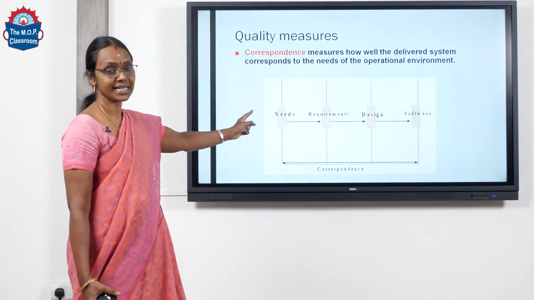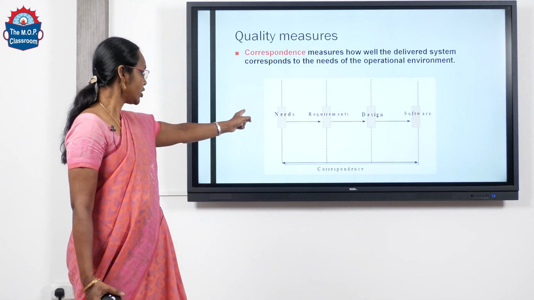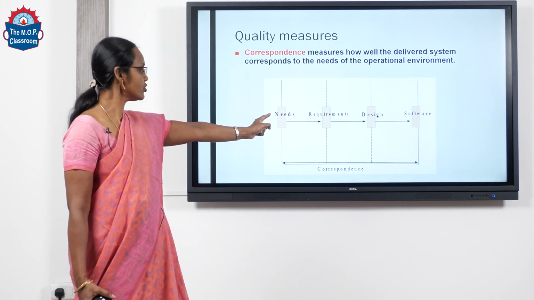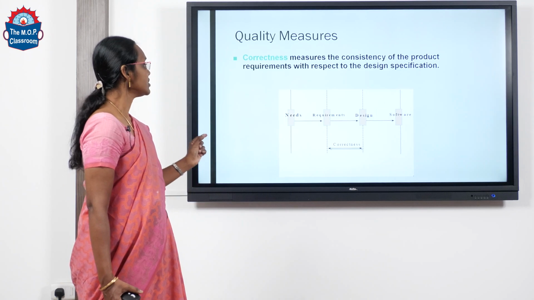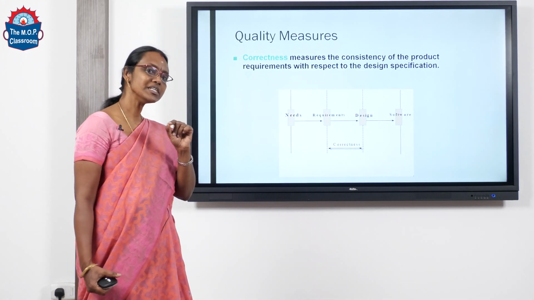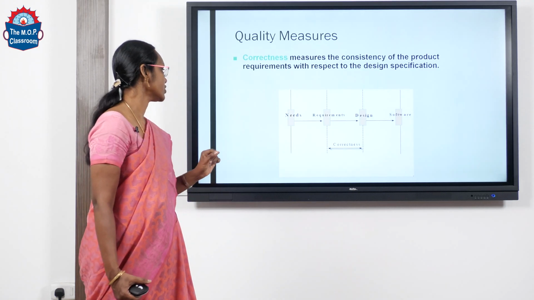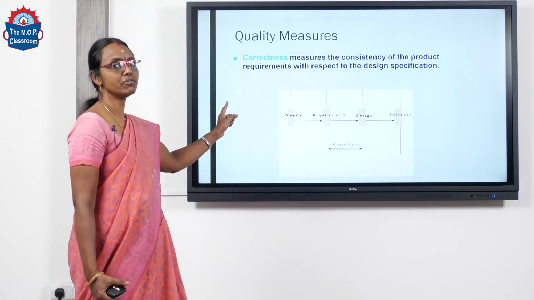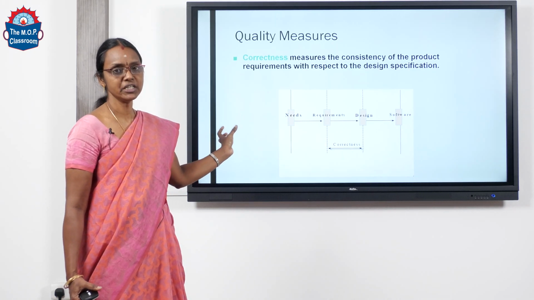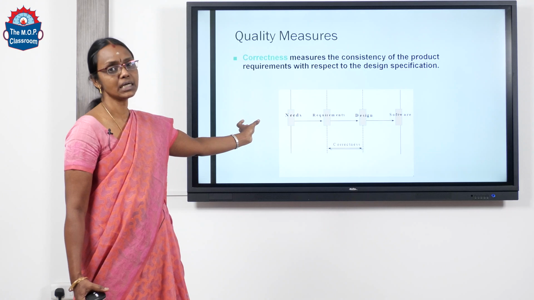The needs are transformed to requirements, from requirements to design, and then your system is built, which is nothing but your software. Correctness measures the consistency of the product requirements with respect to the design specification. So once your needs are converted into requirements, and from requirements to design, if it is correct, that measures the correctness of the system.